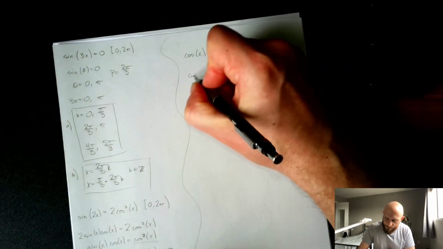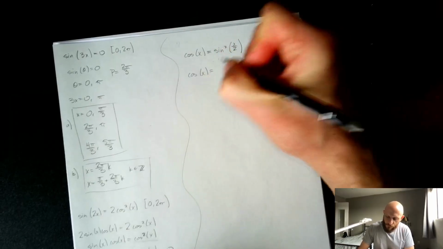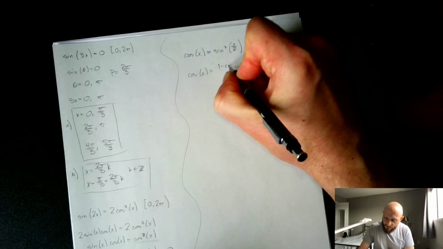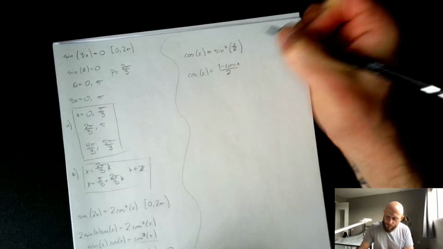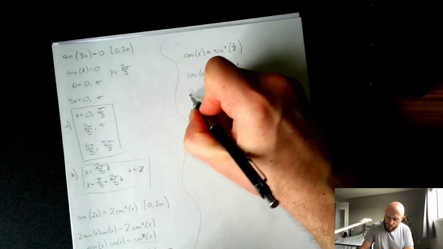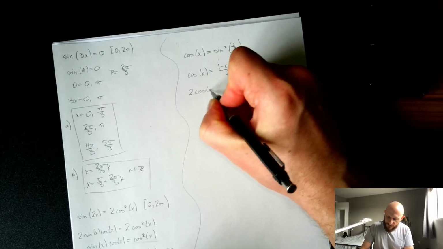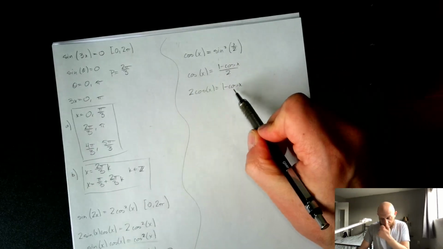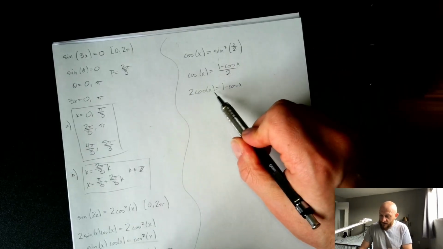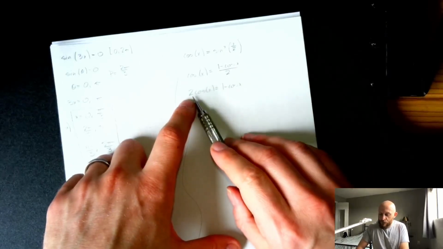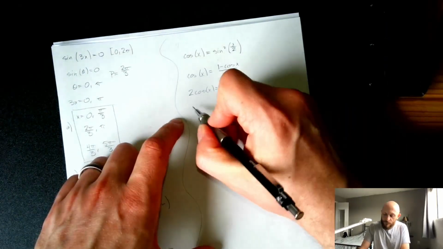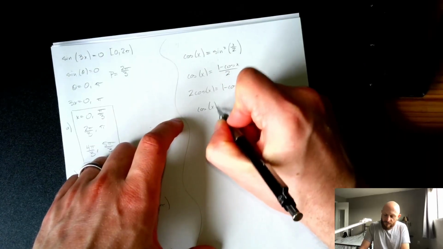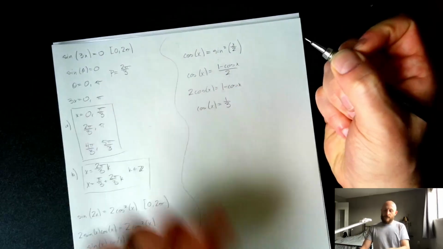So cosine of x equals (1 minus cosine of x) over 2. Multiply through by 2: 2 cosine of x equals 1 minus cosine of x. Add cosine of x to either side. We get 3 cosine of x equals 1. Divide through by 3. Cosine of x is 1/3.